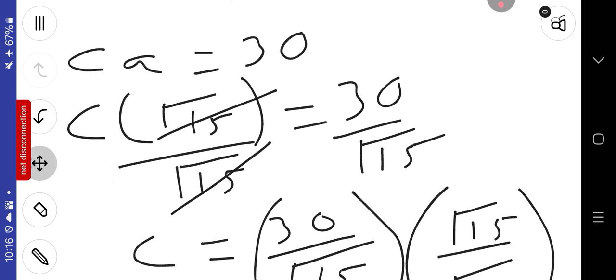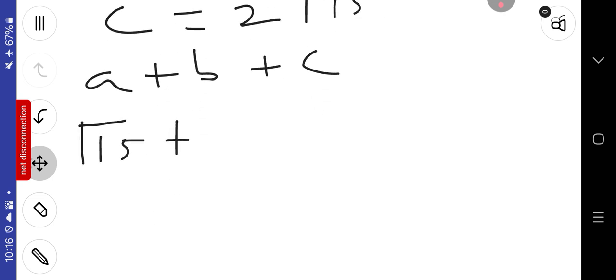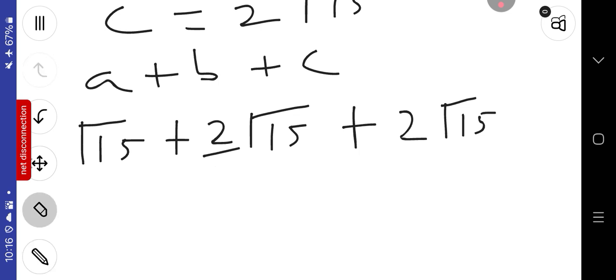Okay, b is 2 over 3 multiplying root 15. So you're going to have b, 2 over 3 multiplying the square root of 15, plus c, which is 2 root 15. So let me write it well.